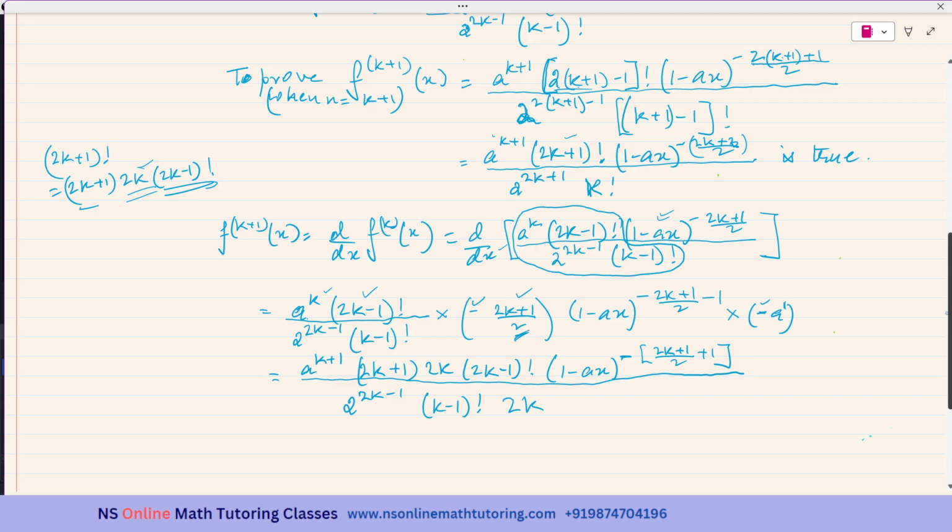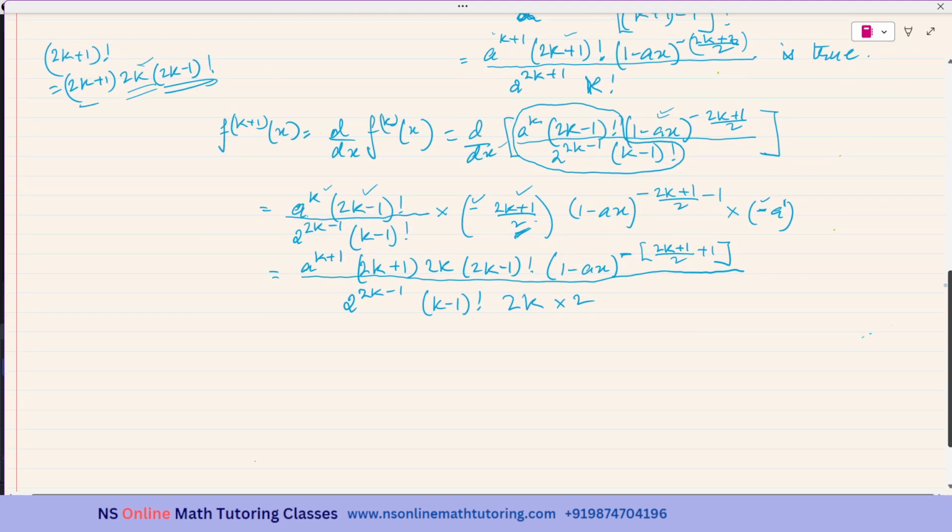How could I forget about this 2? This should be in the denominator. So very nice, I have got the extra 2 that I needed.